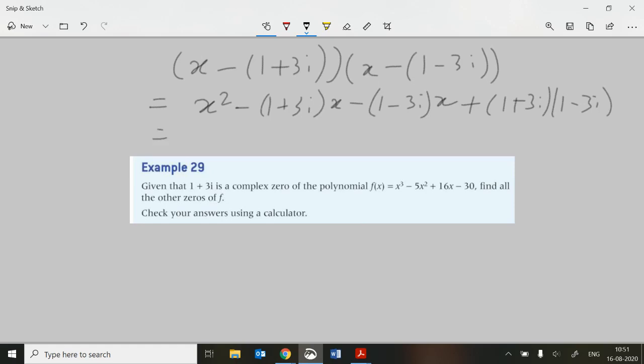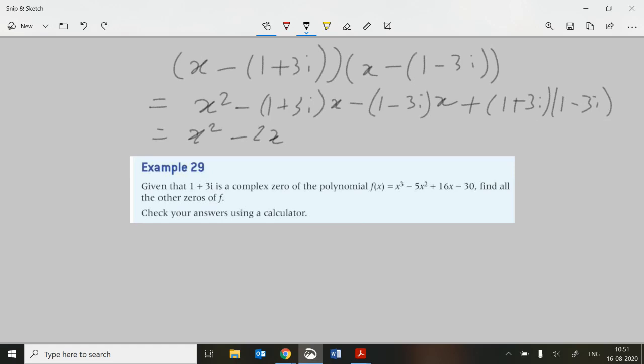So we've got that turning up again here, the product of a complex number and its complex conjugate. Okay, let's multiply this out now. We've got x squared, minus 1x, and then minus another x, so minus 2x. Then we're getting minus 3ix and plus 3ix, so they're going to cancel, and when we multiply this out at the end, we're going to get a real number as well.